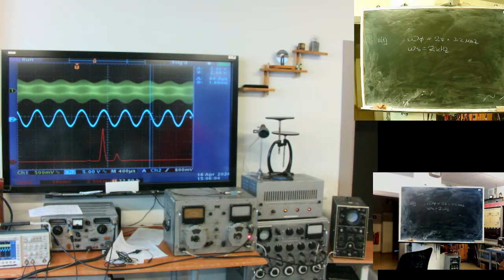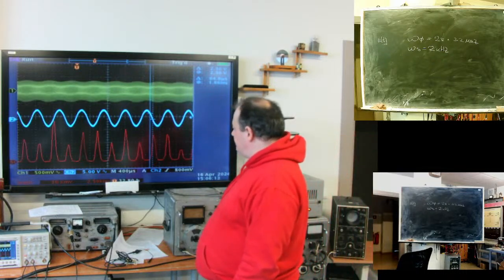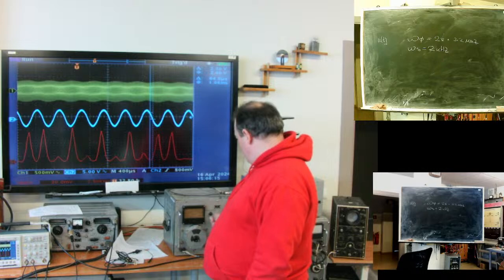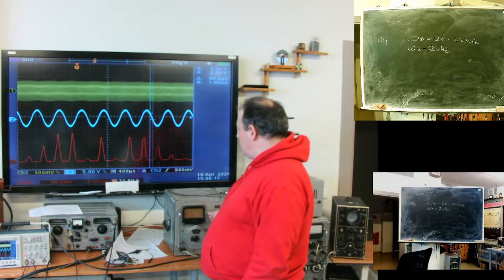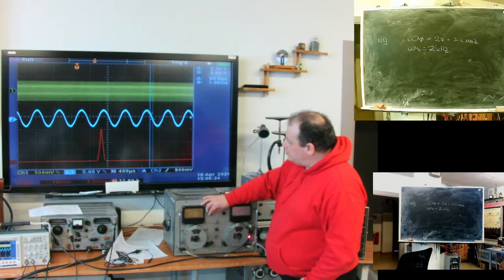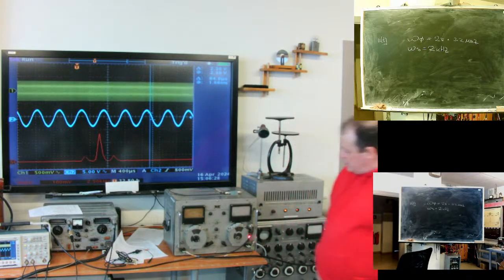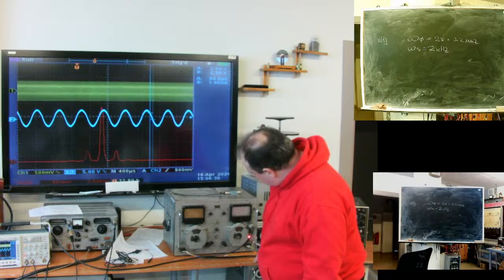So, now you see 32 megahertz modulated with 2 kilohertz, amplitude modulation. Very, very small modulation depth.